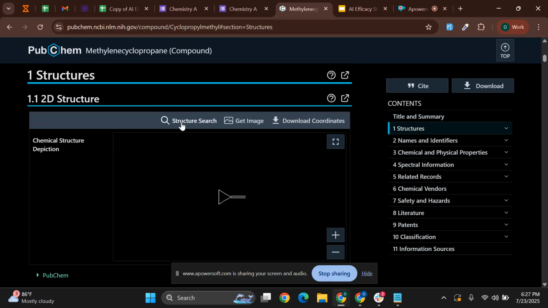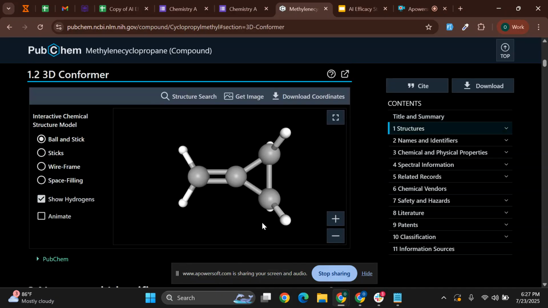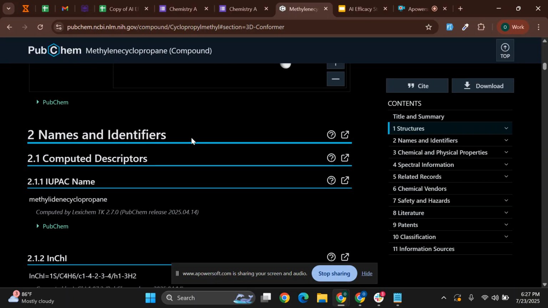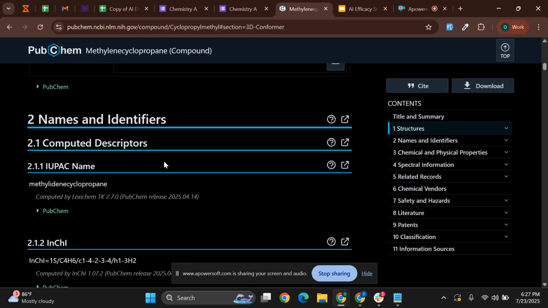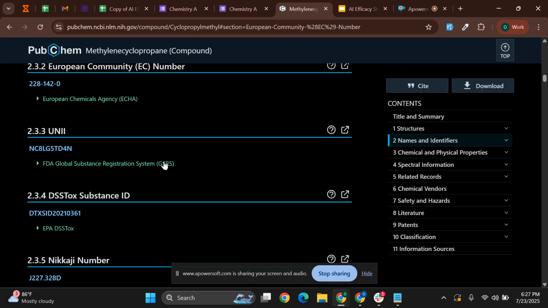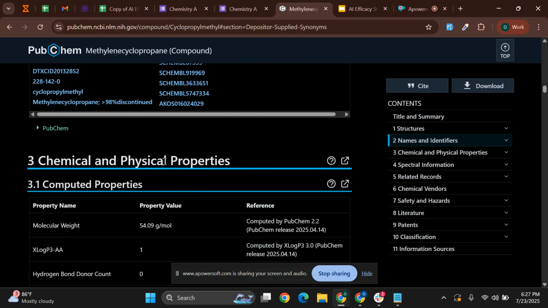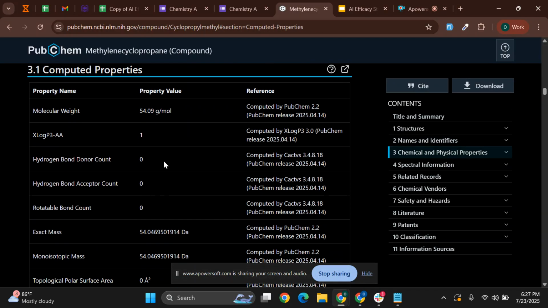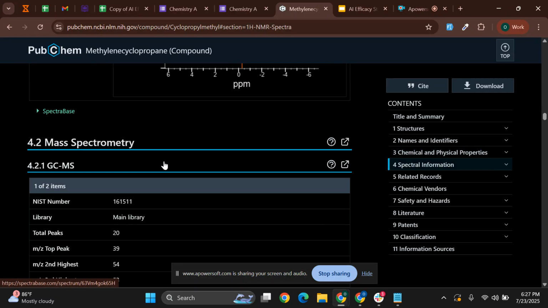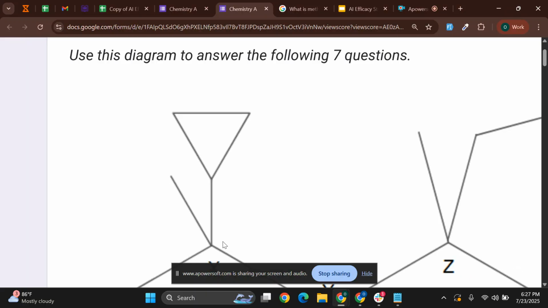Okay, this is a structure. Okay, molecular batteries.